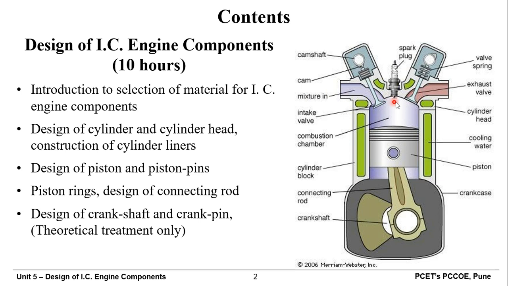Similarly, in case of petrol engine, you will see spark plug. If it is a diesel engine, in that case, the fuel injector will be there. Again, it also accommodates the exhaust port, and the flow of the flue gases is controlled by exhaust valve, which is controlled by valve spring arrangement or camshaft.